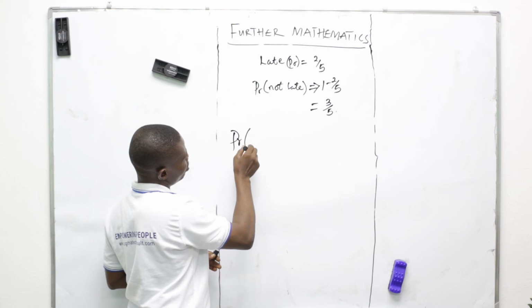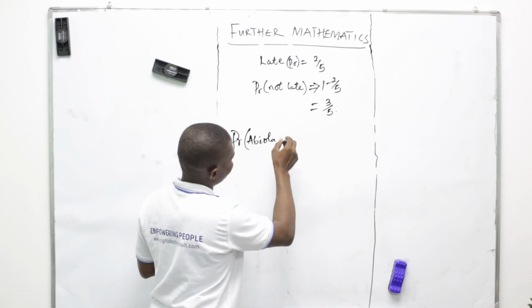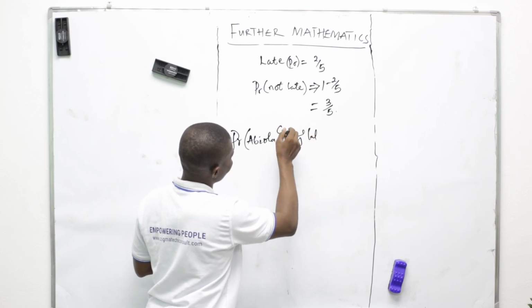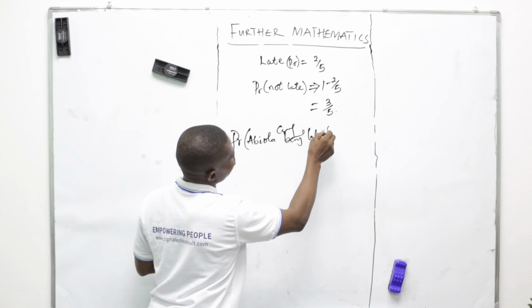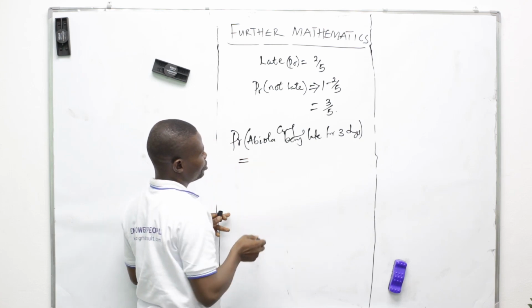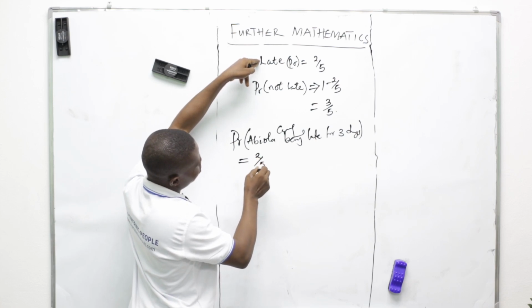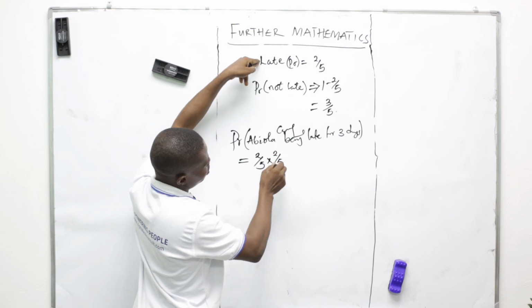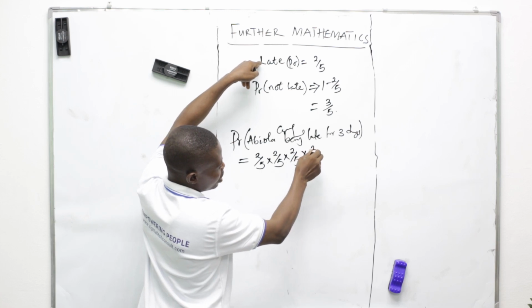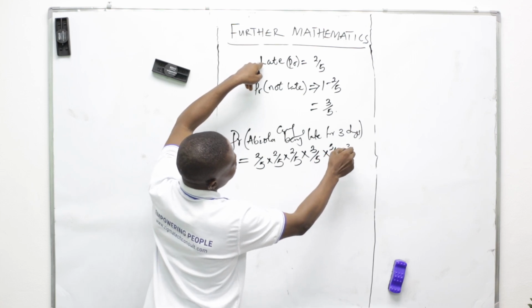Probability of Abiola being late, or coming late, for 3 days only will mean 2/5 times 2/5 times 2/5, that's 3 days, times he will not come late to the office, 3/5 times 3/5 times 3/5.